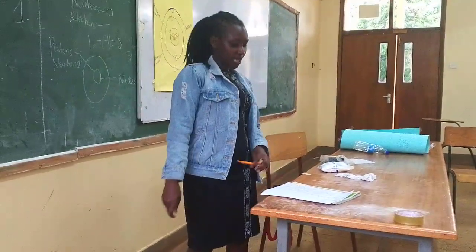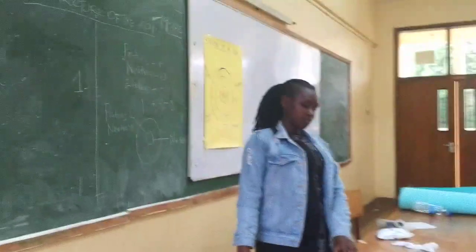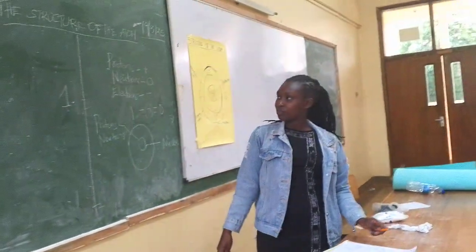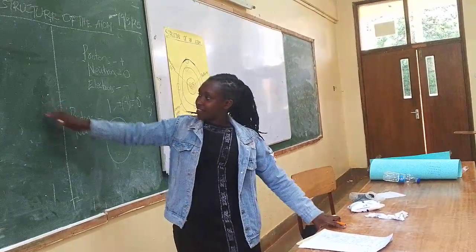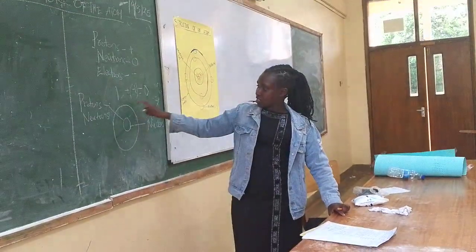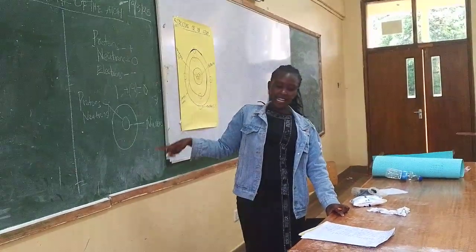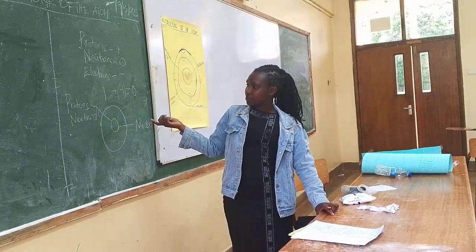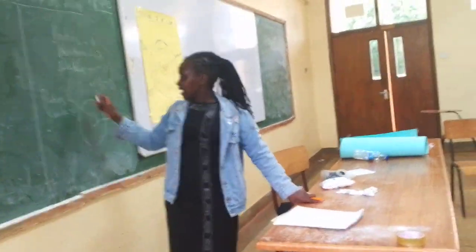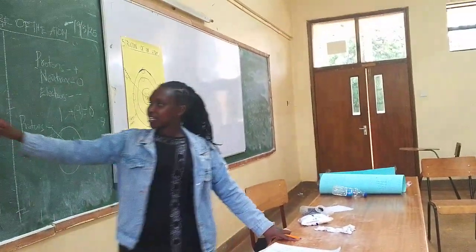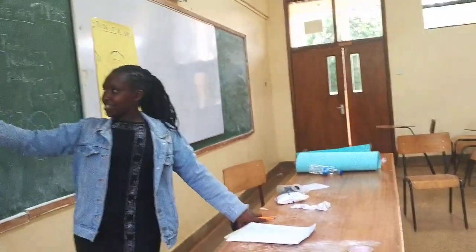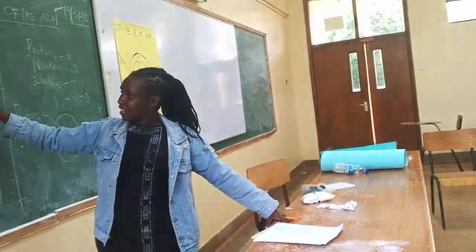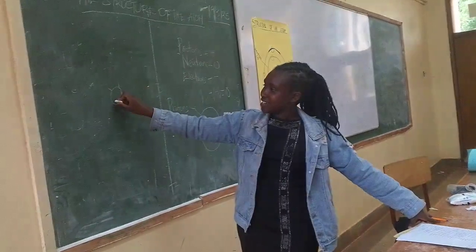And when we come to electron arrangement of an atom, as you have heard, the electrons are located in the energy levels. There are several energy levels surrounding the nucleus. Just the same case, let's assume this is the sun.